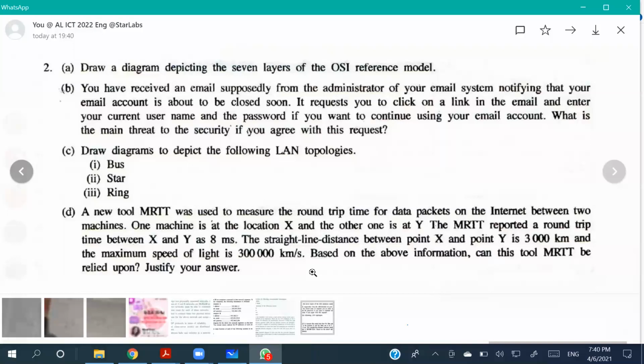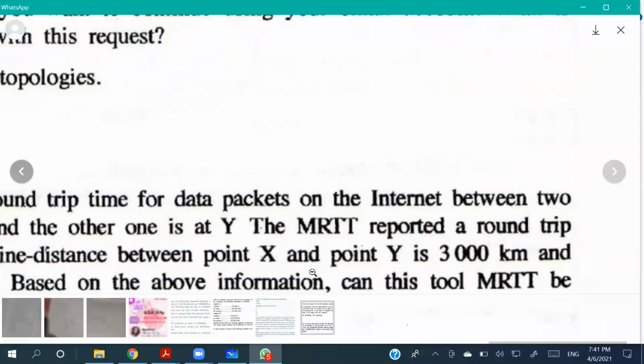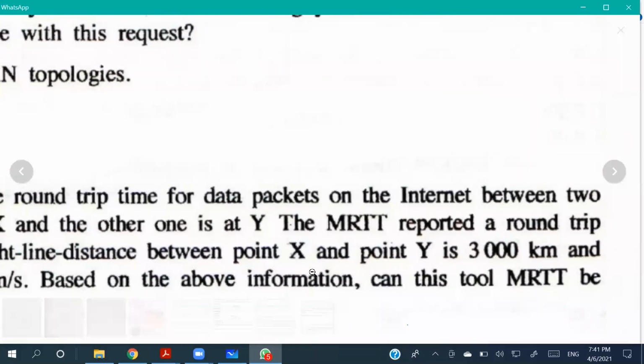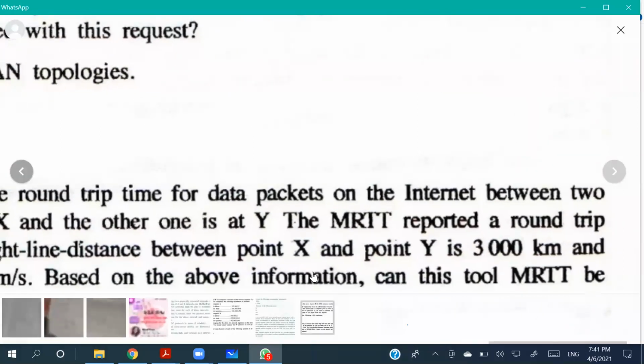So here it says the term called round trip time. Round trip time was in the earlier syllabus, so you should have discussed it.